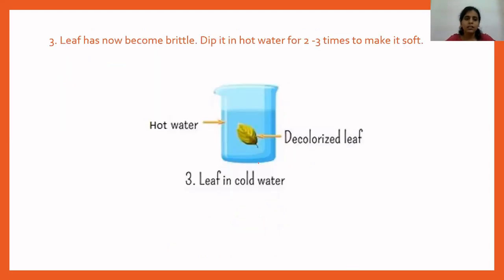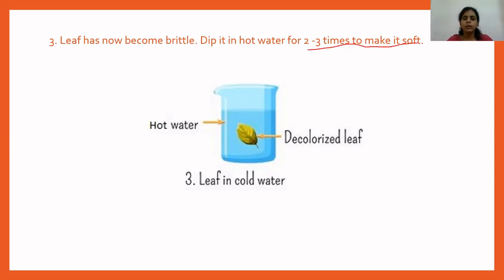Third step is, once the leaf is boiled in alcohol, the leaf becomes a little brittle. Now when you take out this leaf and try to open it, the leaf will break, because it has become brittle after boiling in the alcohol. So you can just dip it in the same hot water 2-3 times to make it soft.